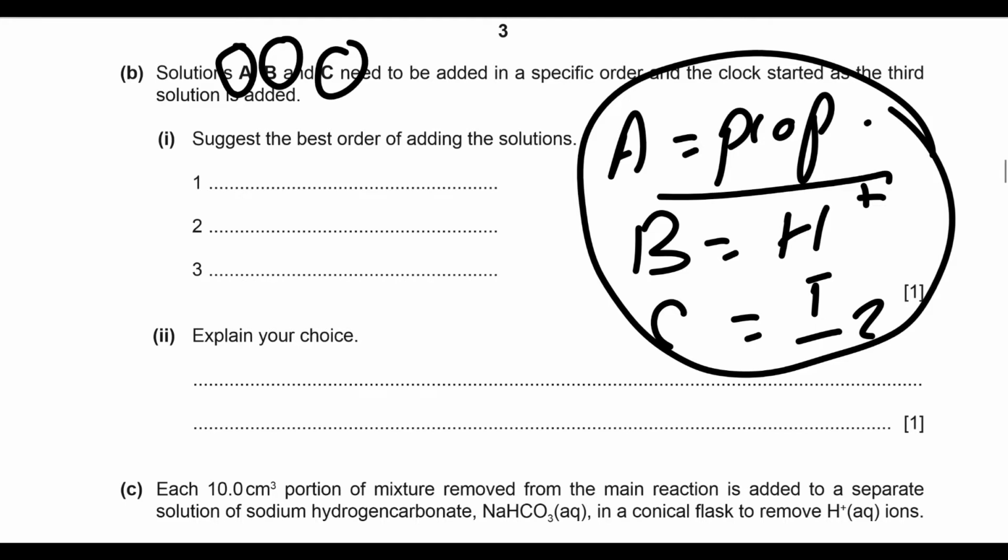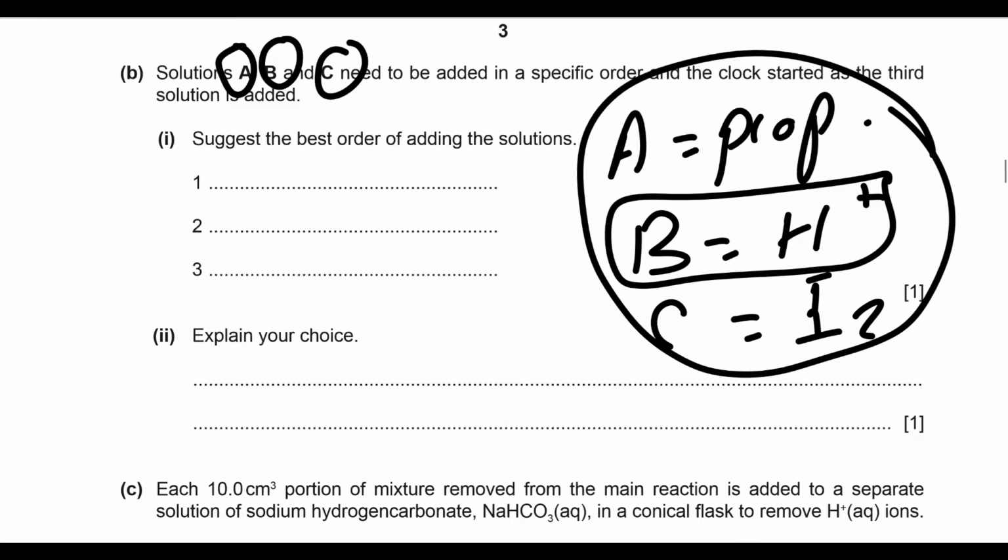The acid which is used, B, is a catalyst. That means this catalyst will catalyze the reaction of propanol and iodine. That means you need to avoid adding this acid after mixing A and C. So it's not possible to mix A and C and then add B. Why?